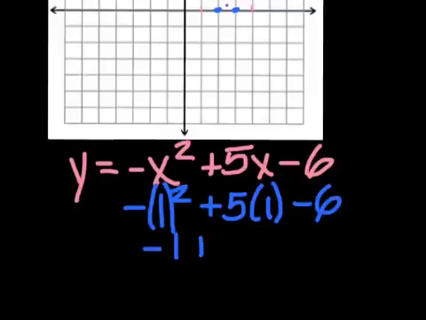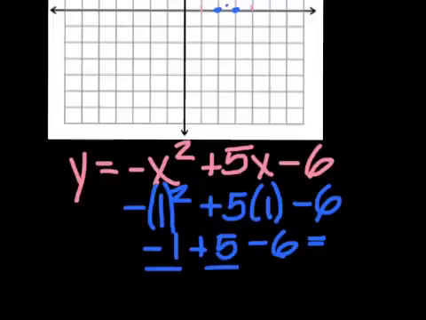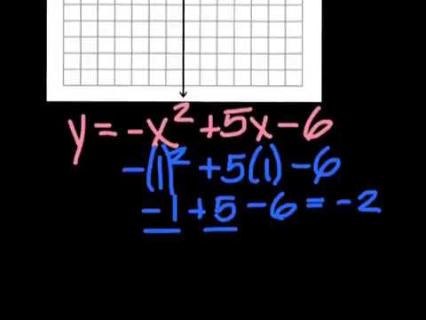So you get negative 1 plus 5 minus 6, which is going to come out to be what? That'd be 4. Yeah, it'd be negative 2. So your first one we find here is going to be a 1 and then negative 2.